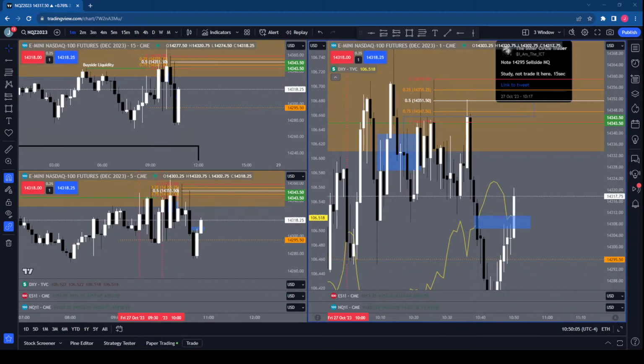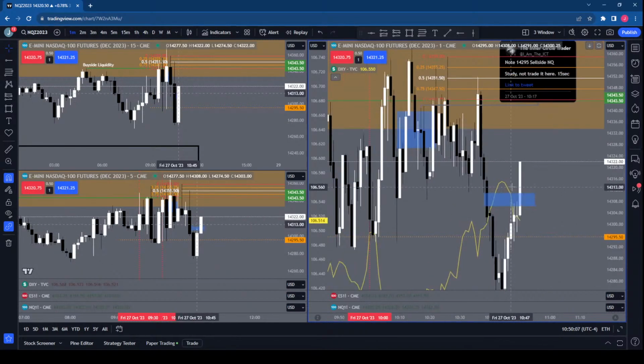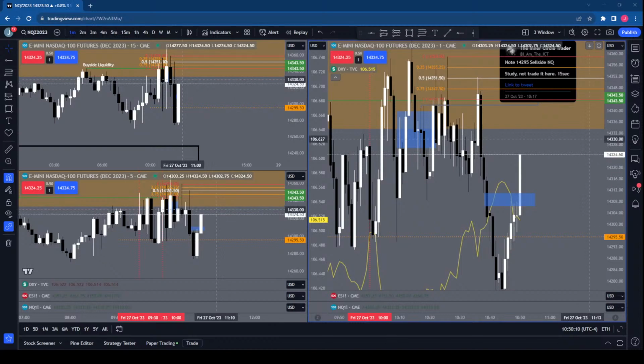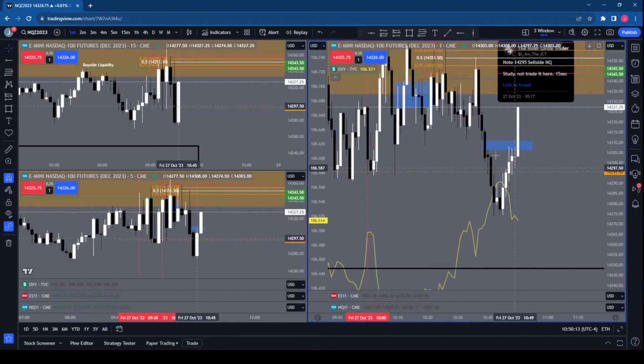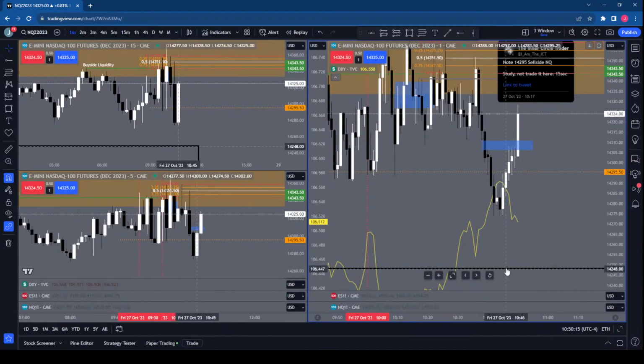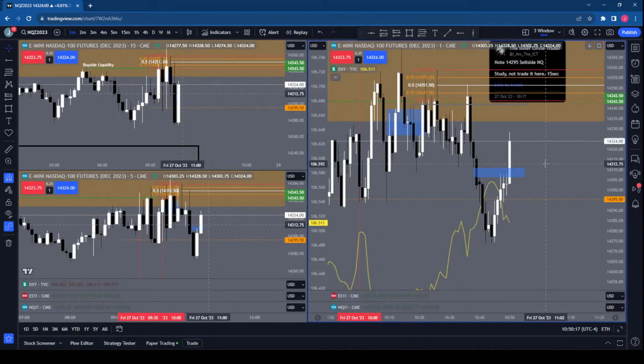Yeah, so that just goes to show what I just said. I wouldn't think it would have been safe to try and short down to that new day opening gap.